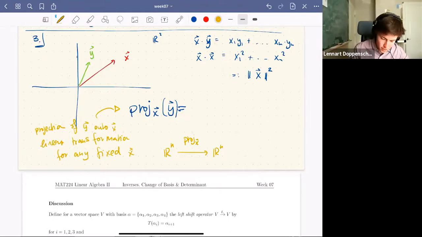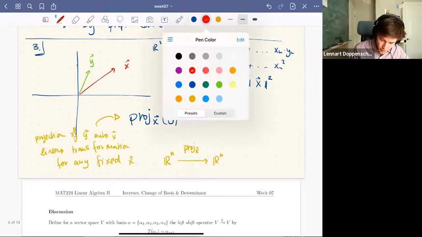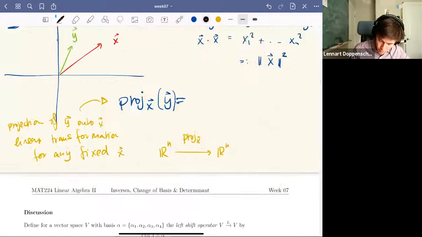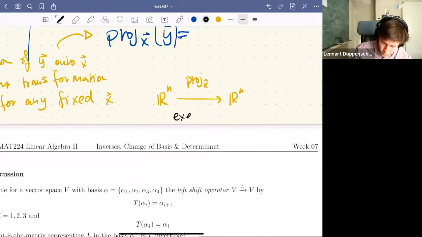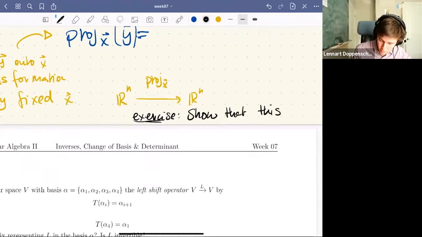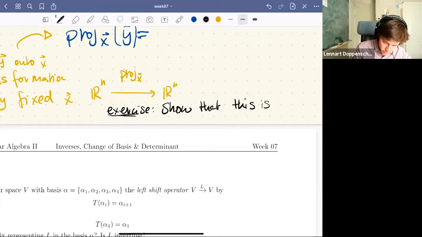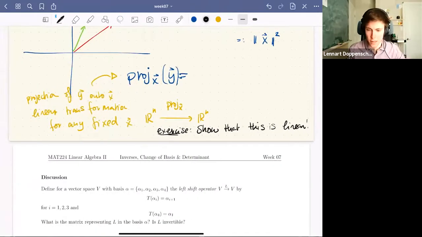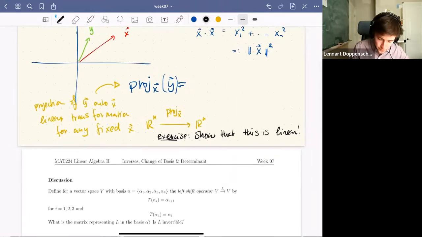An exercise is to show that this is linear. It's just a homework that's not compulsory. Just if you're interested, think about this.